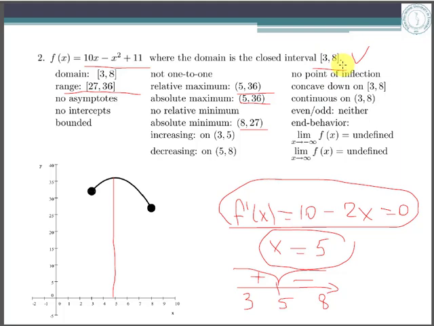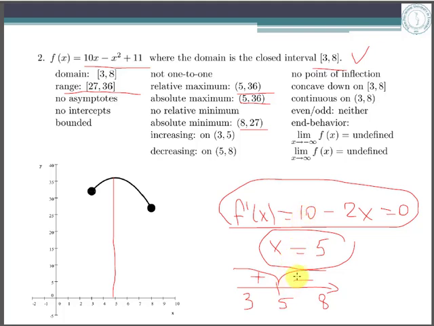So if we put, for example, 5 into our function, we get 36, and it will be the greatest value of this function on this interval. We need to check the endpoints 3 and 8 and the critical point. So our critical point is an extreme point.